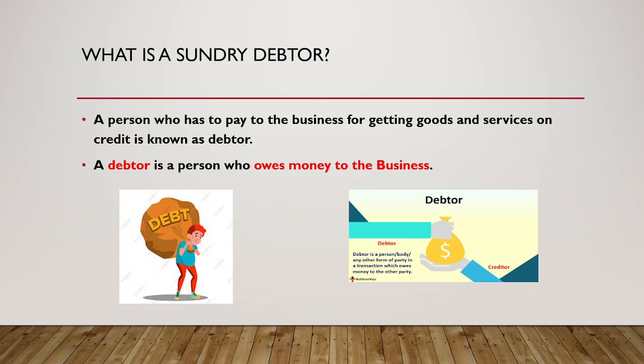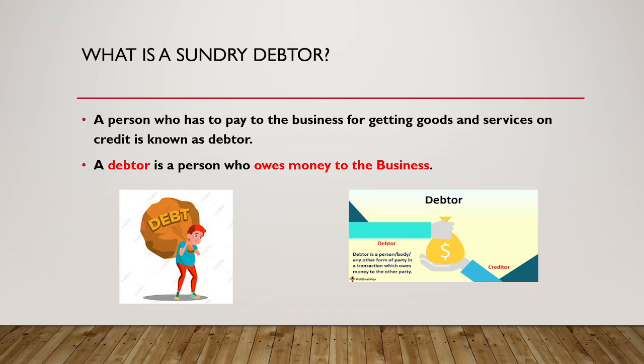A person who has to pay to the business for getting goods or services on credit is known as a debtor. A debtor is a person who owes money to the business. So when XYZ sells the goods or the tablets to someone, that someone will have to make the payment in future to XYZ, and that future is, say, 1 month or 3 months.